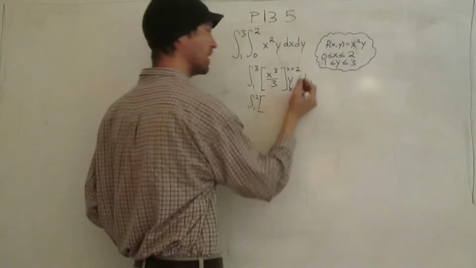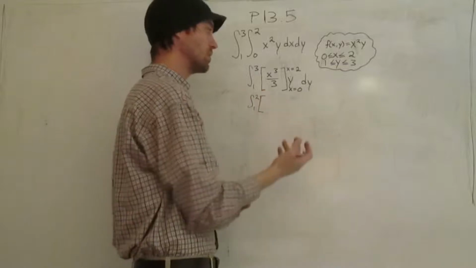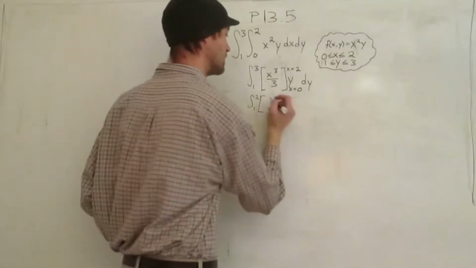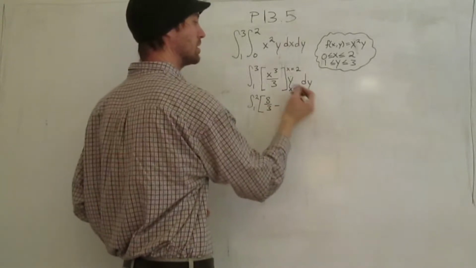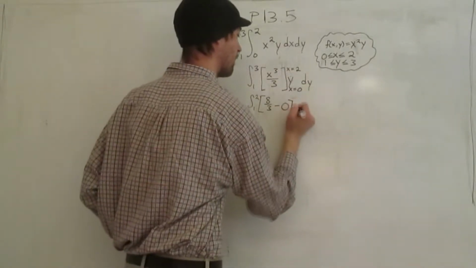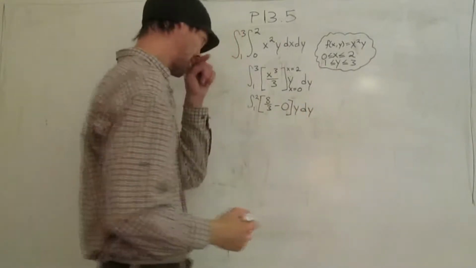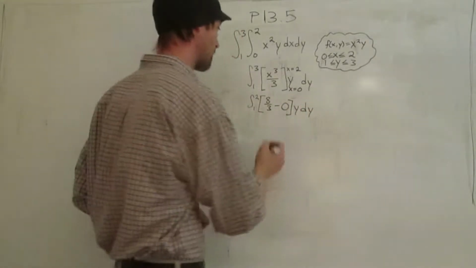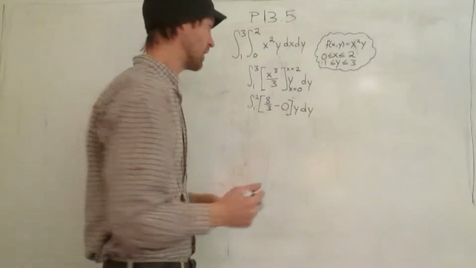Plugging 2 in for x, we have 2 to the third power. 2 times 2 is 4, 4 times 2 is 8, so that's 8 thirds, minus, plugging 0 in, we get 0, y dy.